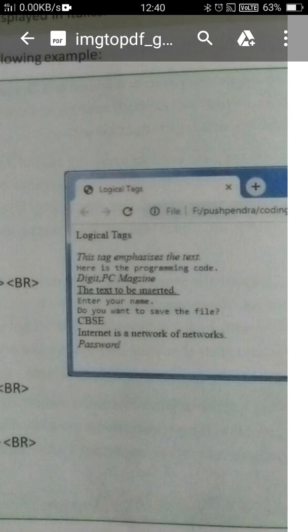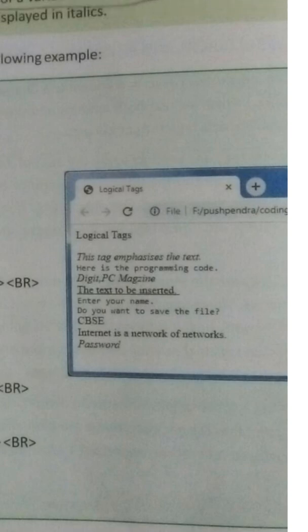Lang is the attribute of the HTML tag, and it is used to define the language of the code. For example, you can define en for English language, and fr for French. And one more tag is given on page number 74, meta.